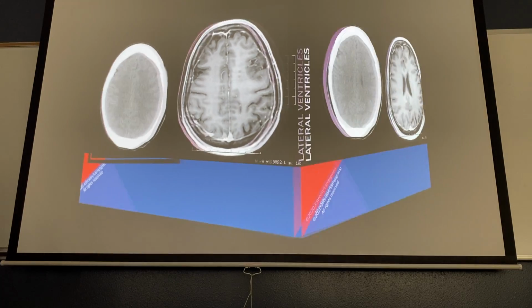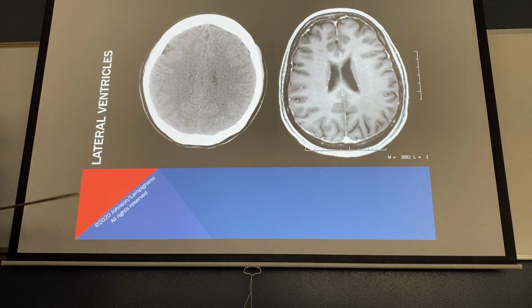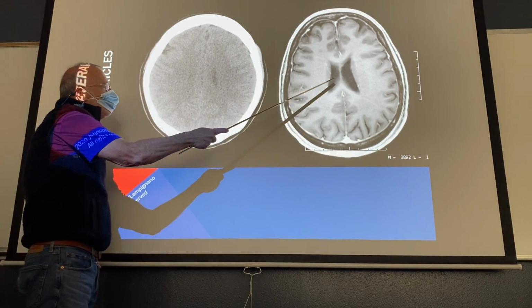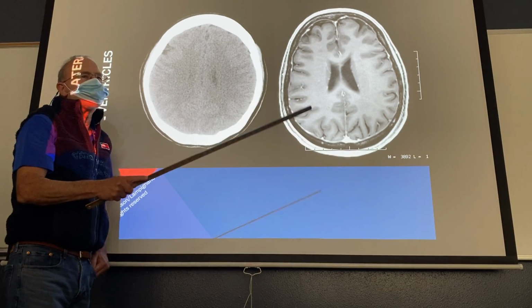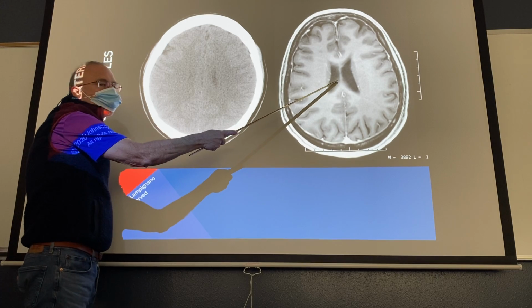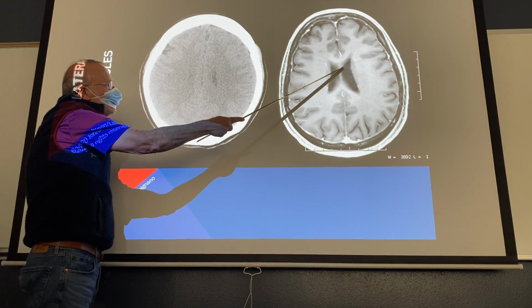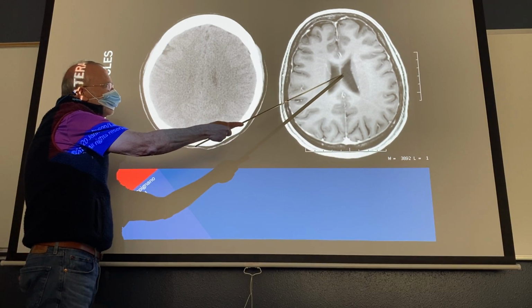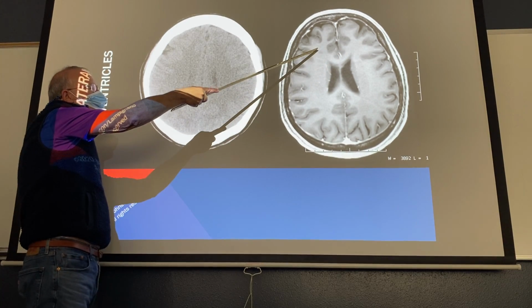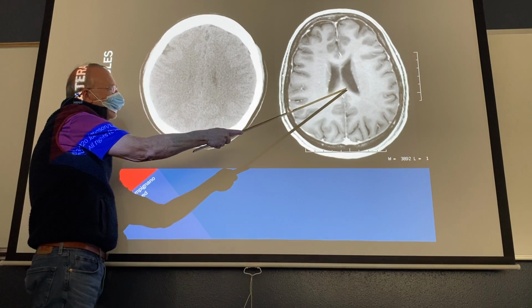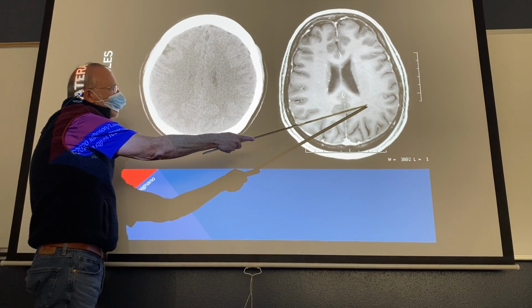Working your way down, we get into the first glimpse of the lateral ventricles. What you have, a little bit more of the body of the corpus callosum. But things that we could clearly identify: lateral ventricles, early signs of septum pellucidum, a portion of the corpus callosum, the genu, back over here, splenium.